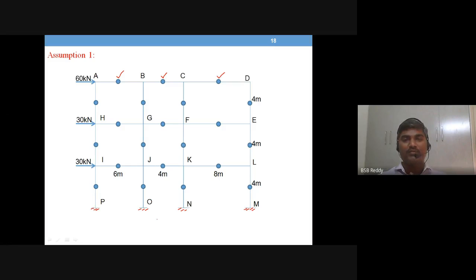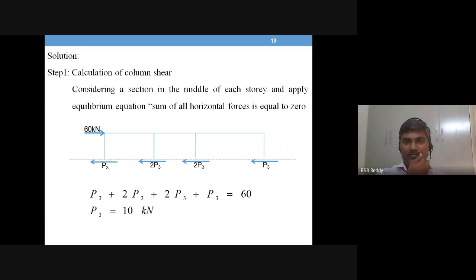So this is where I have drawn the same frame given in the question, then applied assumption 1 first. Now let us see assumption 2 to apply. So that was the first assumption.